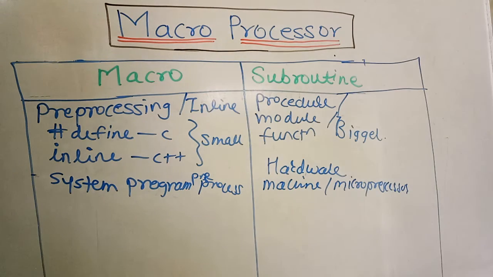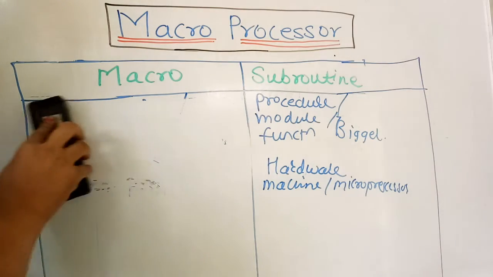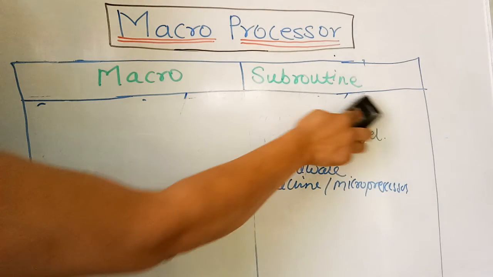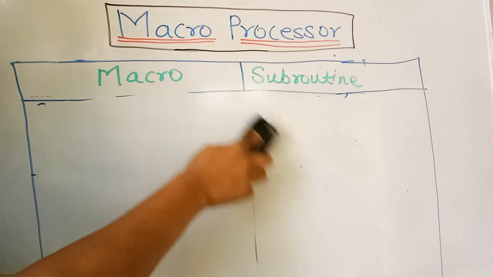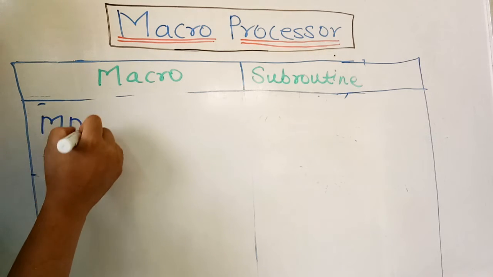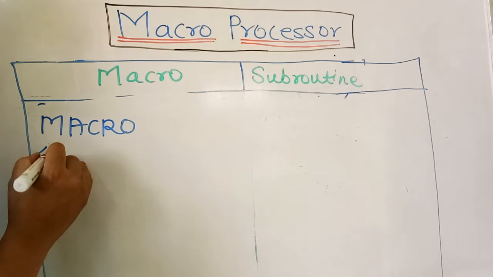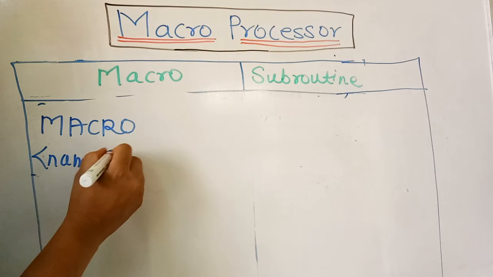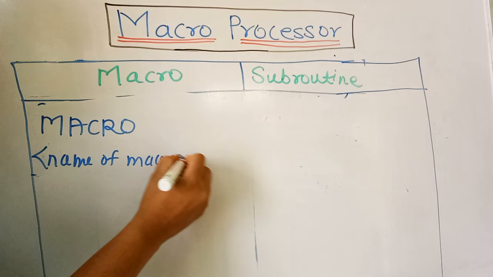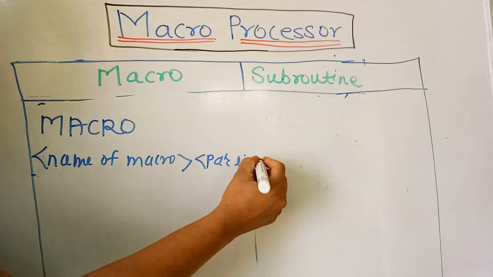Coming to the next, we will see the actual definition of the macro and the definition of the subroutine. The macro definition syntax is the same as that of assembly language. You write the keyword macro, then provide the name of the macro, then write the parameter list.